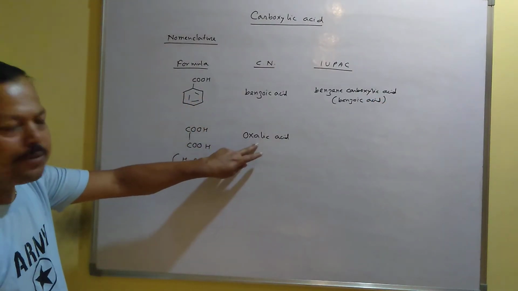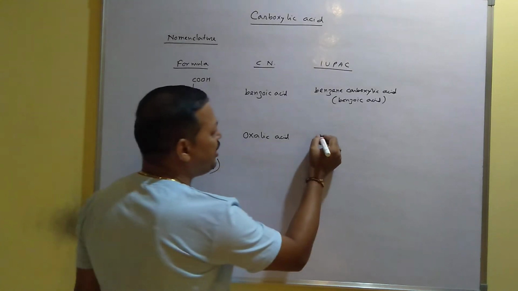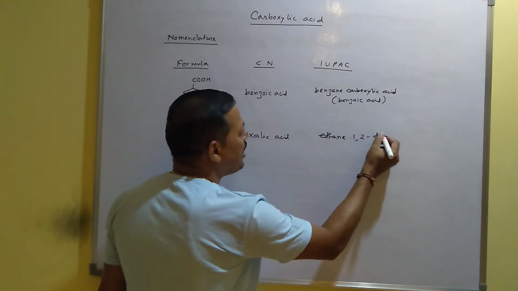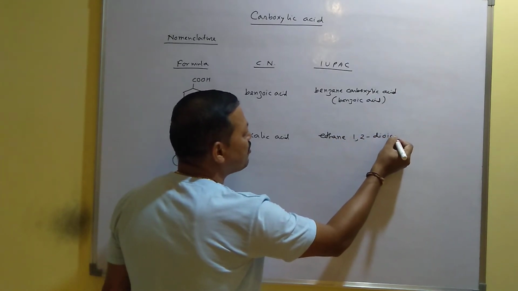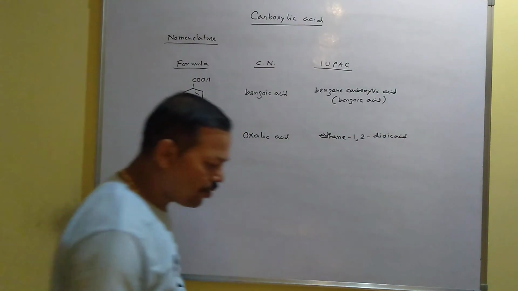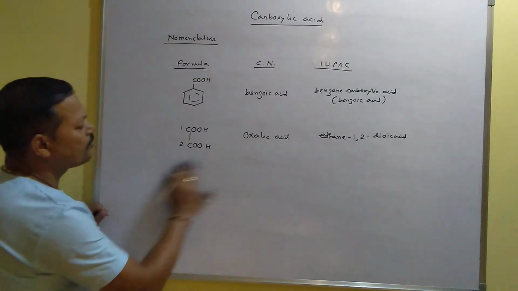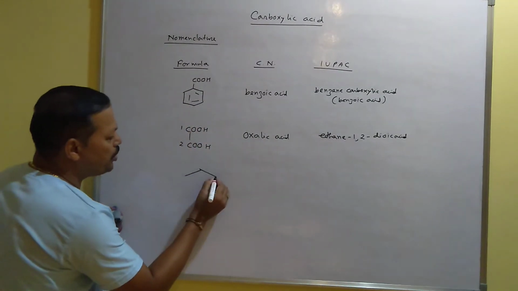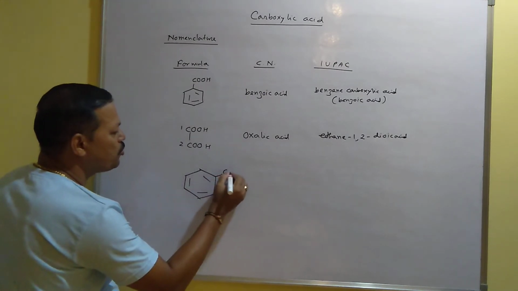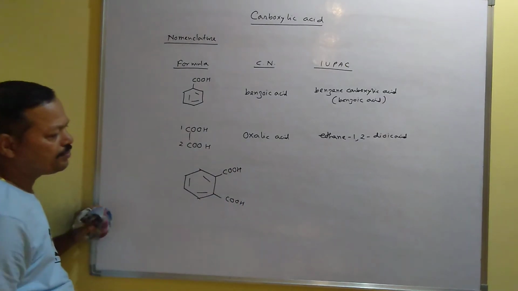If you want to write the IUPAC name of oxalic acid, 2 carbons are present, so 1, 2, 2 carbons means ethane, ethane-1,2-dioic acid. Ethane-1,2-dioic acid. This is one important compound which contains 2 COOH groups like this.